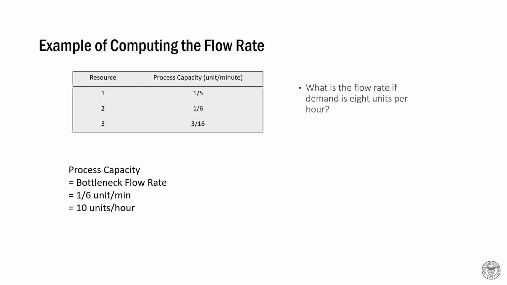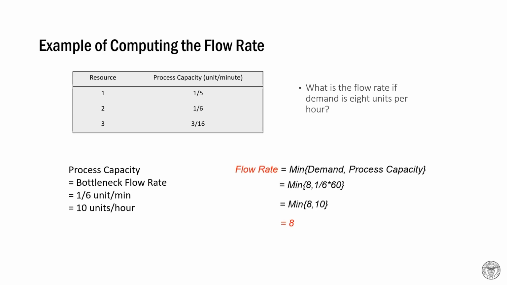To calculate the flow rate, we first identify the process capacity. Among the three processes, resource 2 sets the limit with a flow rate of 1/6 unit per minute. Thus, the process capacity is 1/6 times 60 equals 10 units per hour.